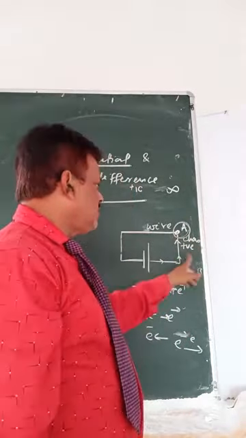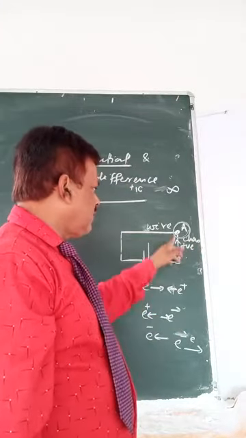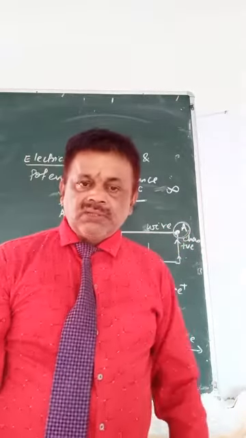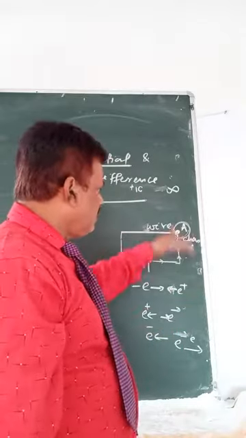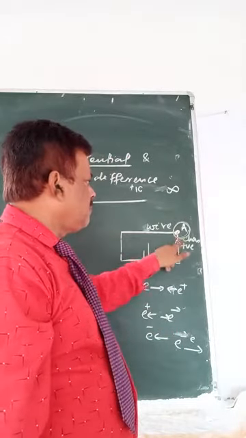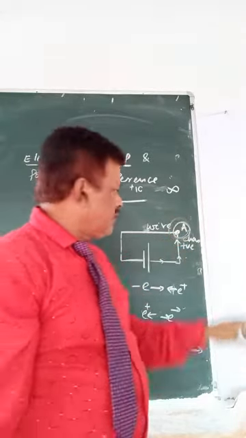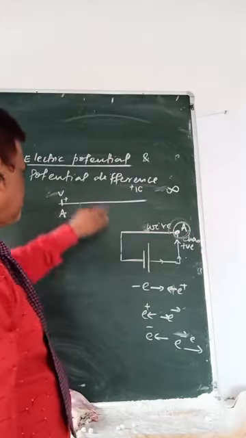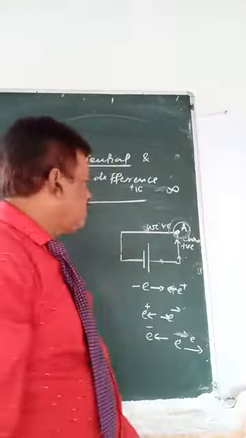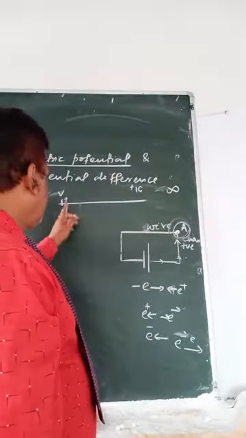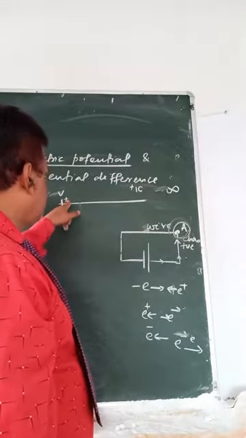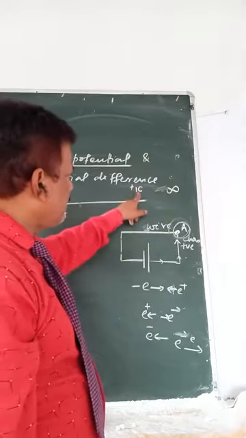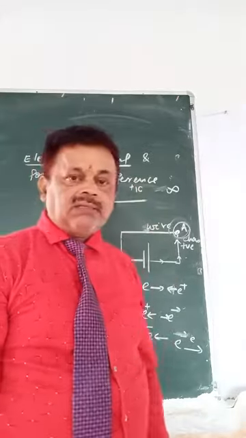Then if this is positively charged, when it is saturated and no more charge can be received, it will start repelling. That means you gave some potential to this point. Suppose this point has some positive potential. Because of this, it will start repelling charge of the same nature.